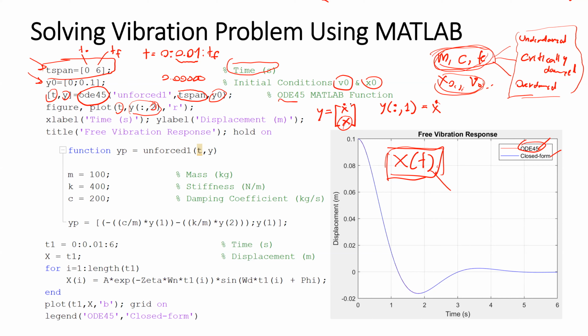In the next slide, we'll show why the y variable can store these parameters for the function ODE45. This is on the main program, but you need to generate the function program here.